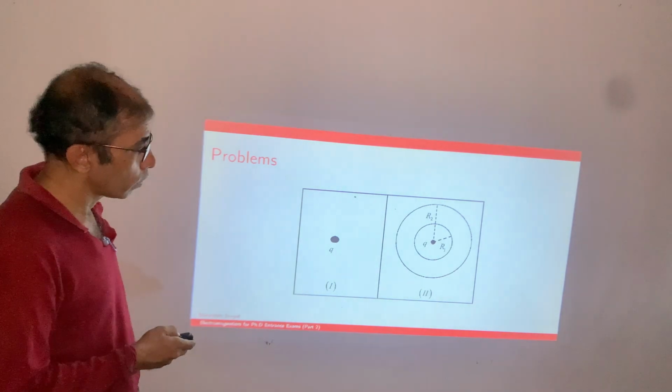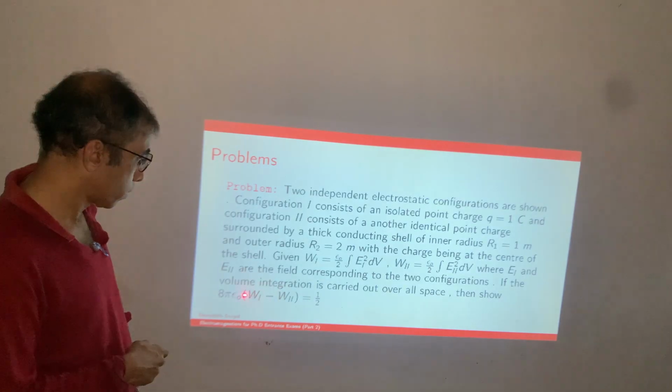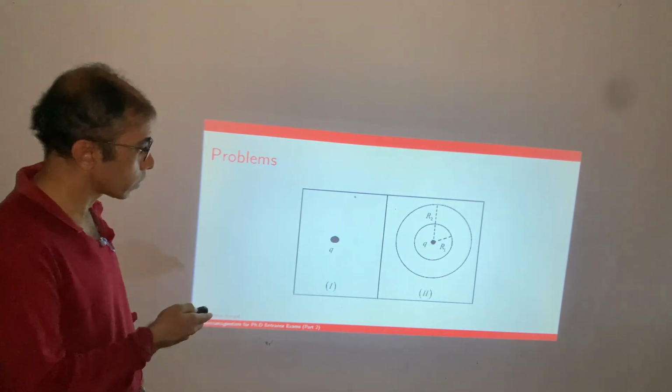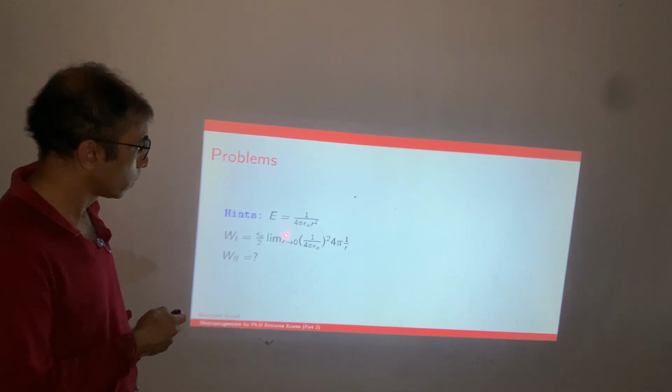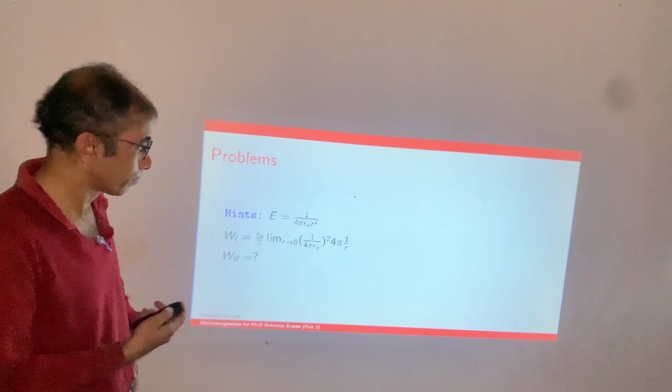So what you have to find out is this. Of course in the first case, we know E is equal to 1 by 4 pi epsilon naught r squared.